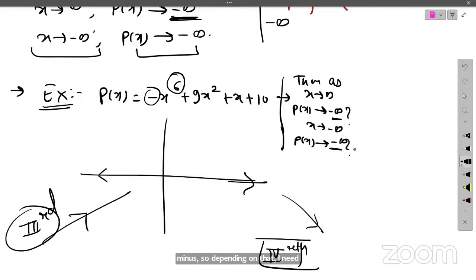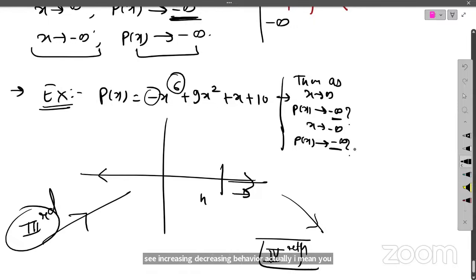No, increasing and decreasing behavior doesn't depend only on that. You want to know whether this polynomial is increasing after (4, infinity) or not?